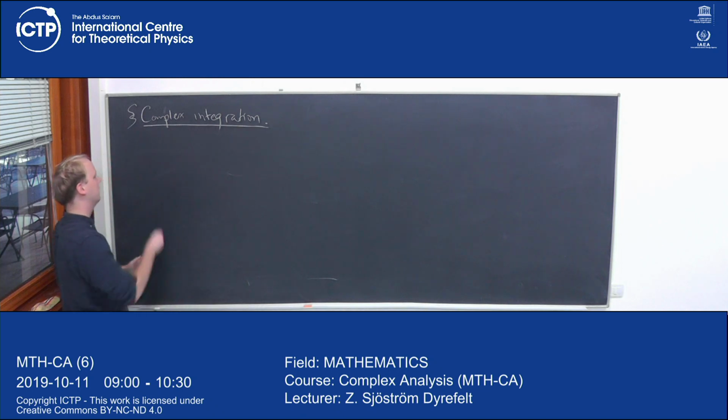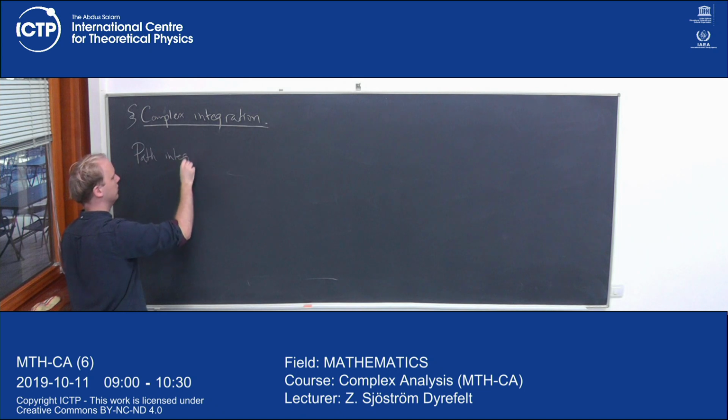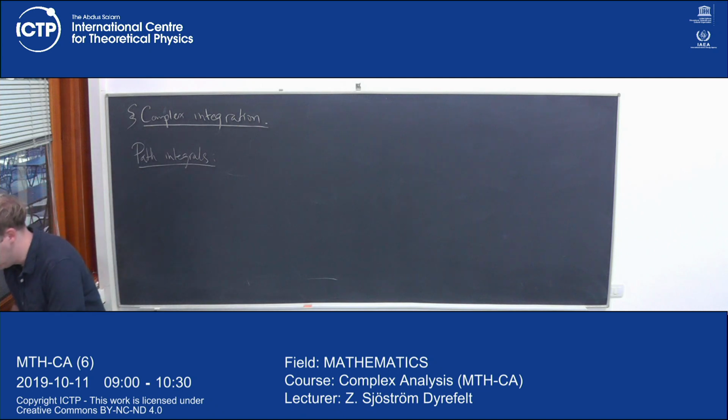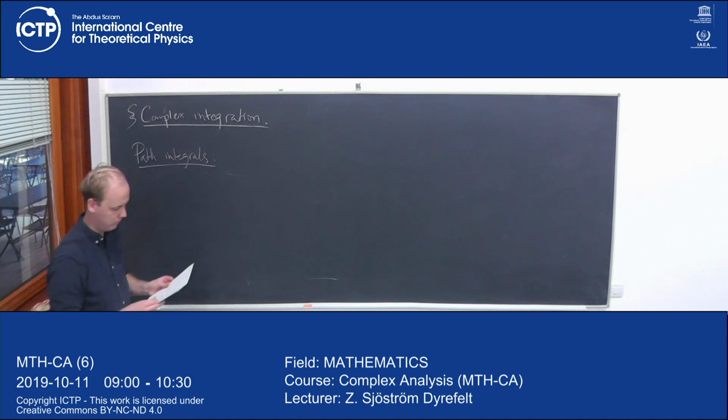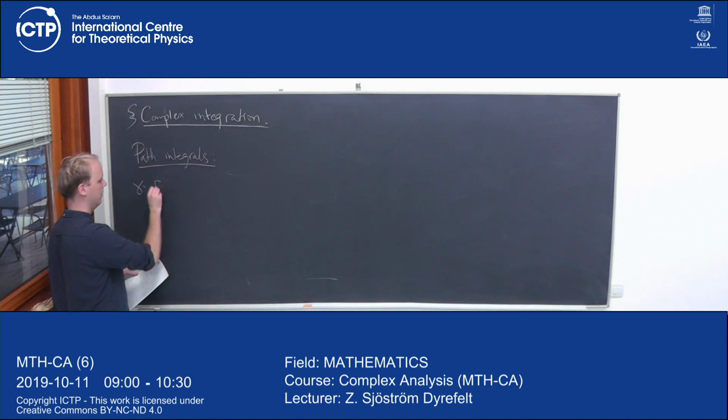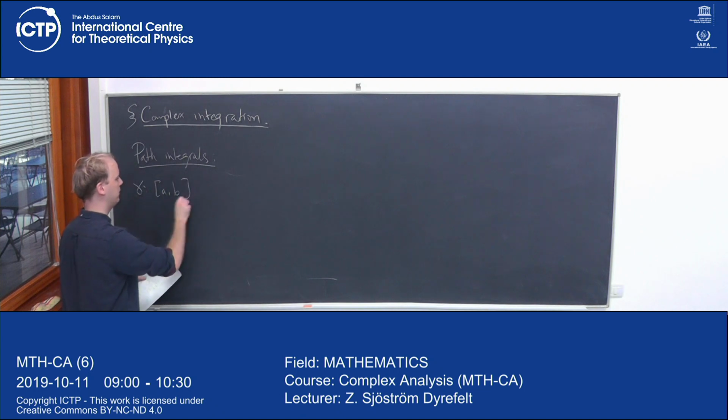What we are considering are path integrals, and to understand path integrals, we need to understand paths. A path is something, so you have gamma that goes from some interval [a, b].